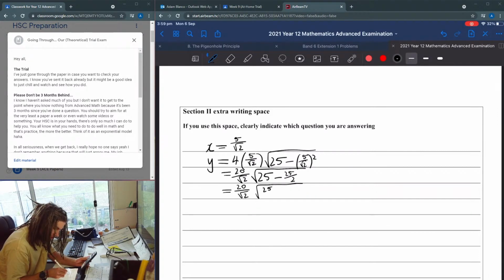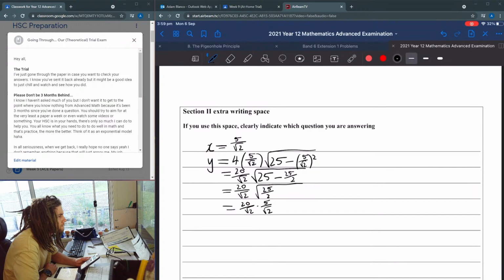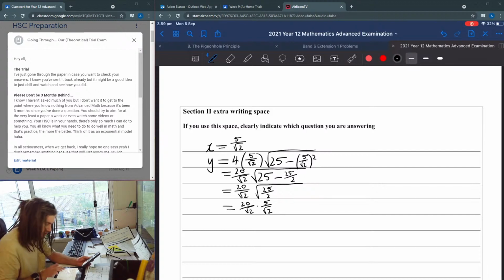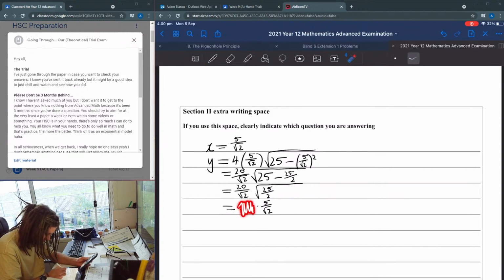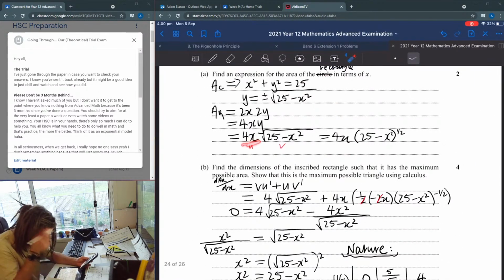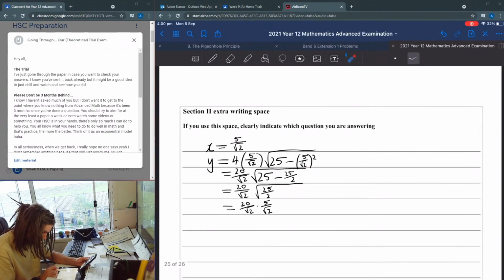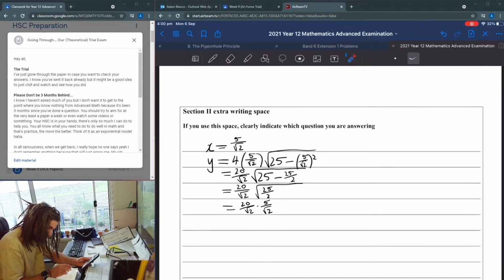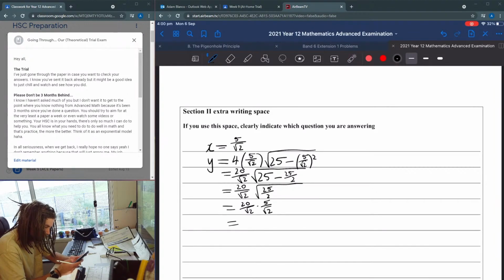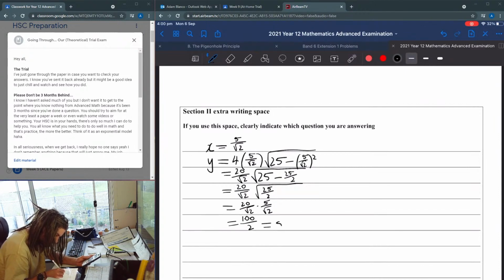That is 25 and 2. Root 25 on 2 is what? That's just 5 on root 2. I don't really get what's going on because in this solution, this kind of just disappears, and then they're saying the maximum area is a square, which would make sense, but I don't know what happens to this 4x. It's 20 times 5, 100, so that's 100 on 2, which is 50.